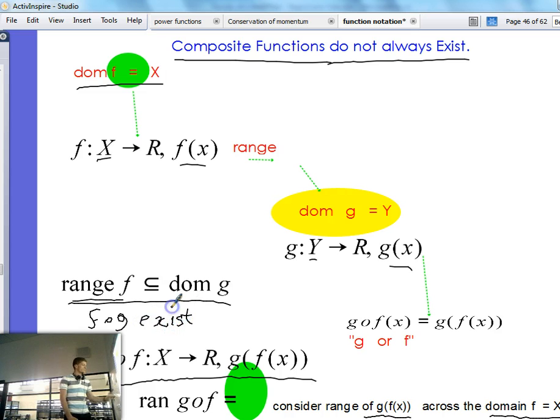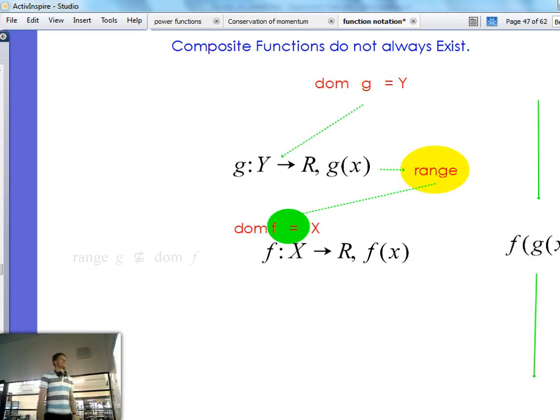And we can define it fully in this manner. But if it's not a subset, if the range is bigger than the domain of g, then we're in trouble. We get a different situation. So let's consider that. The composite function doesn't exist when we've got this different domain.